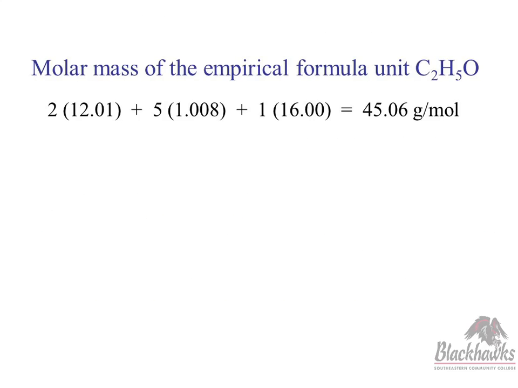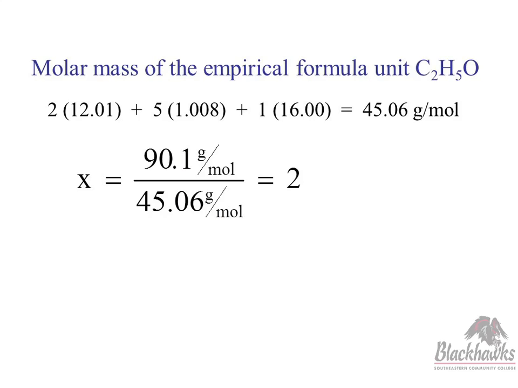It's easier to show you. Using the periodic table, we look up carbon, hydrogen, and oxygen. The repeating unit of C2H5O has a molar mass of 45.09 grams per mole. You see where we're going with this? If you take that times 2, you get your 90. That's the deal.